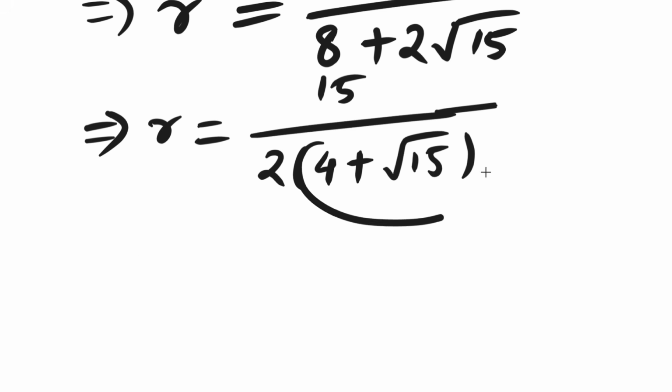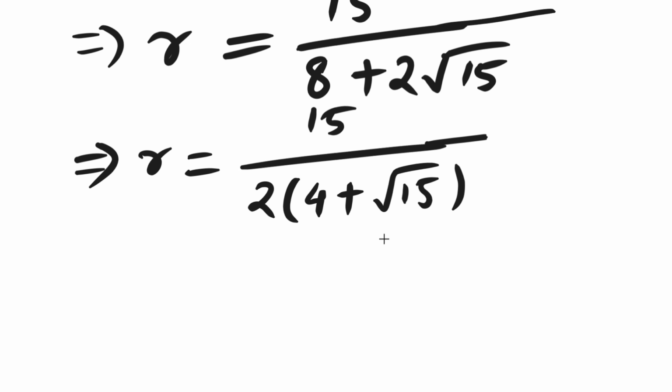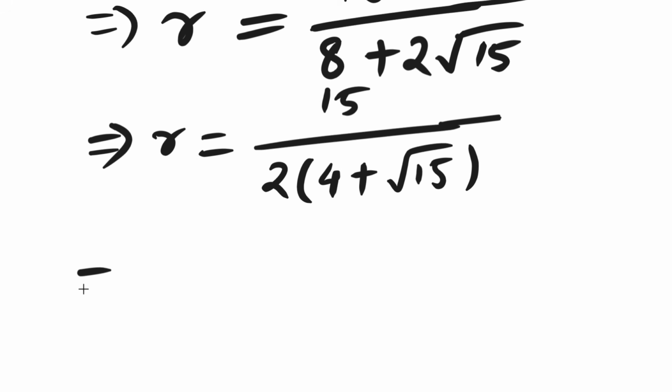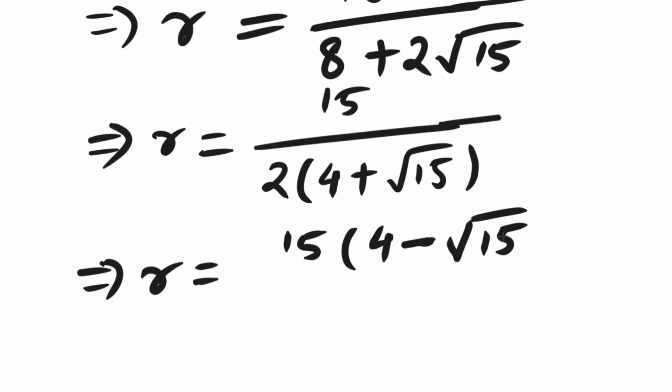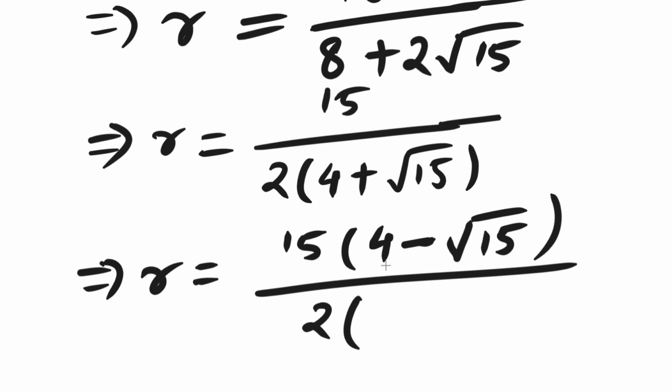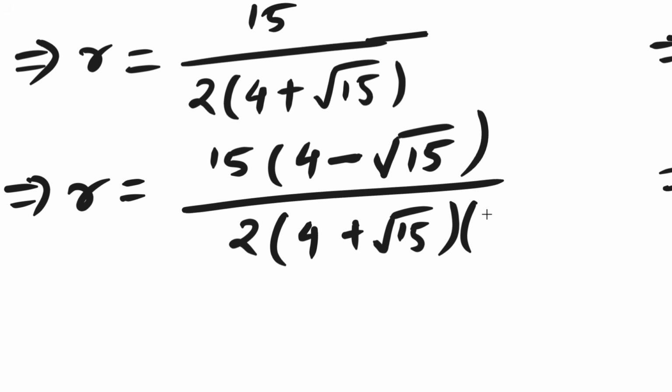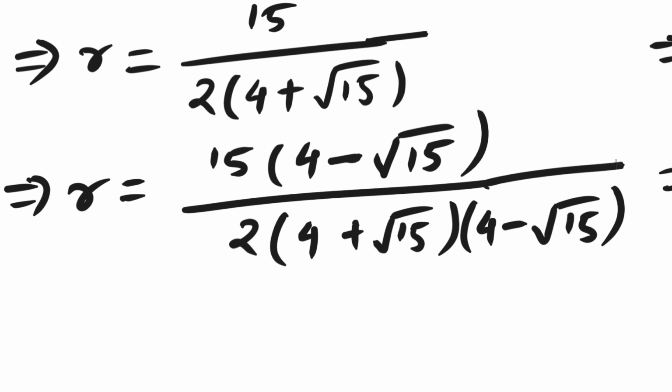Now we want to remove the square root from the denominator, so we rationalize it. We multiply the numerator and denominator by the conjugate of 4 plus the square root of 15, which is 4 minus the square root of 15. So, r becomes 15 multiplied by the quantity 4 minus the square root of 15, divided by 2 multiplied by the quantity 4 plus the square root of 15, multiplied by the quantity 4 minus the square root of 15.